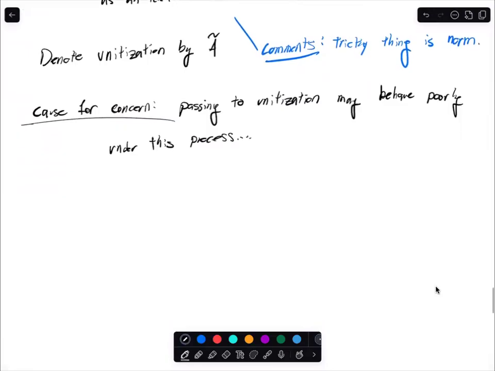But Proposition 1.22 says that there's no problems, really. Let's see.